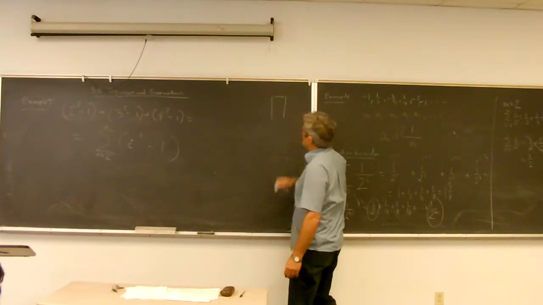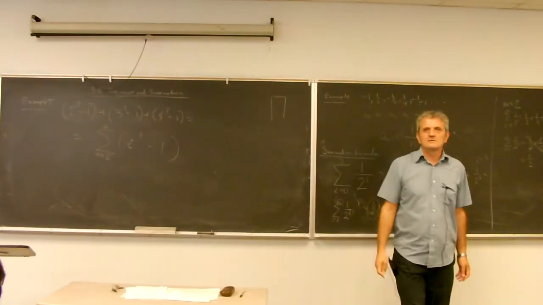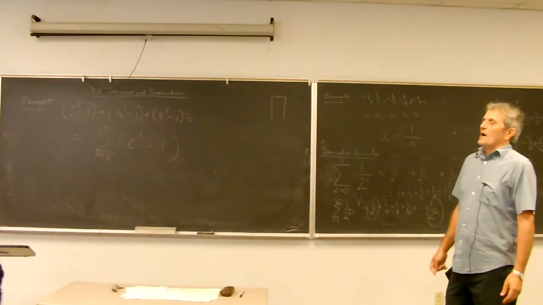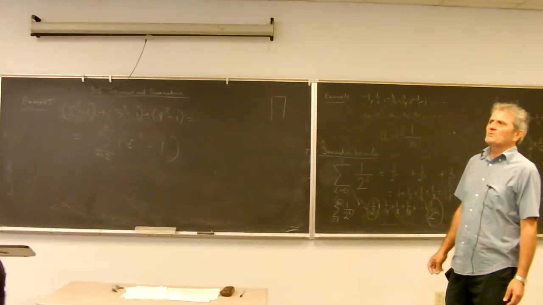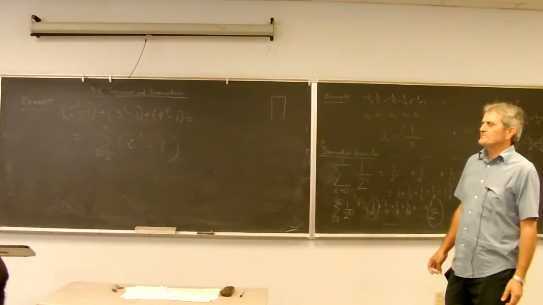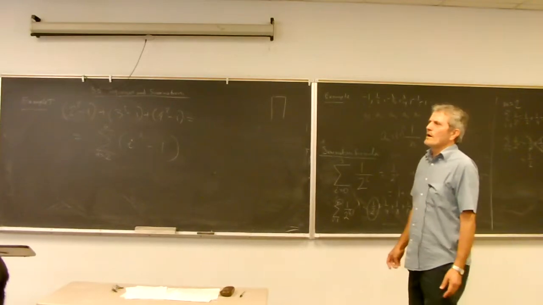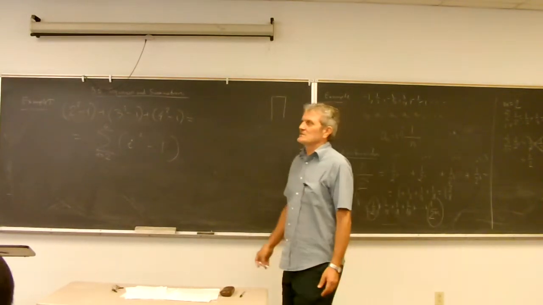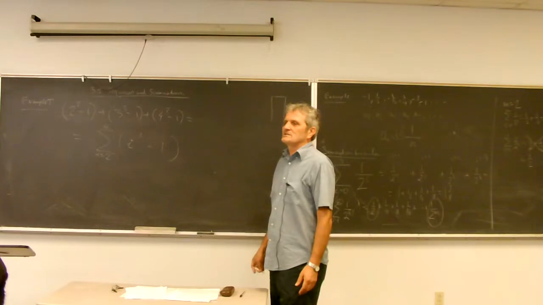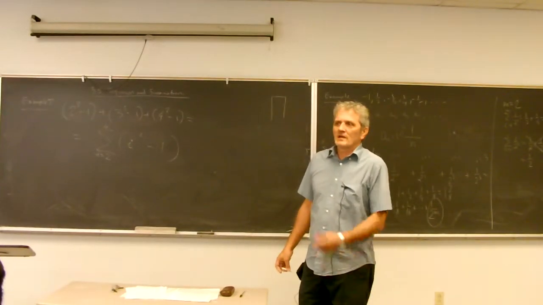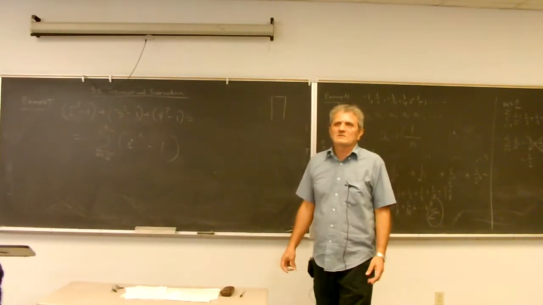This is the letter P for products, capital pi. In this case, it would be the same thing as a minute ago. The only difference, you don't write the sum. What do you write? Letter P, and then indexing goes the same way.